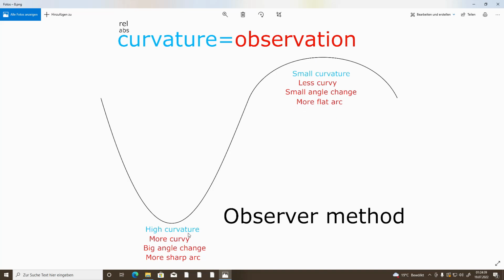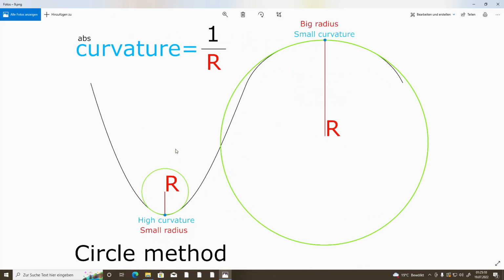Yeah, and high curvature, it's more curvy, big angle change. You see the angle changes very fast, and more sharp arc. Yeah, that's just obvious feeling, knowing. There's no need to describe that further. And that, I think, was one of the first definitions of curvature, as far as I know.